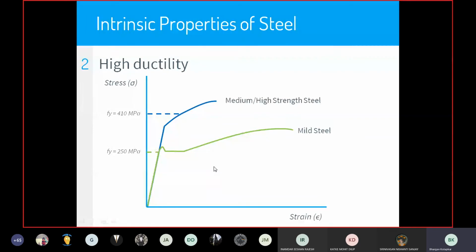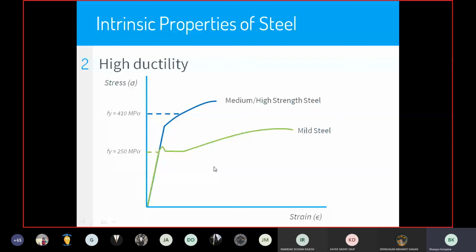So when the ground is moving, I told you, stress is the amount of internal resistance. If a material is very strong, very stiff, but brittle, it is likely that the structure will collapse. If it is a ductile structure, it will deform, but it will not break. And therefore, ductility is a very important property when it comes to seismic design.